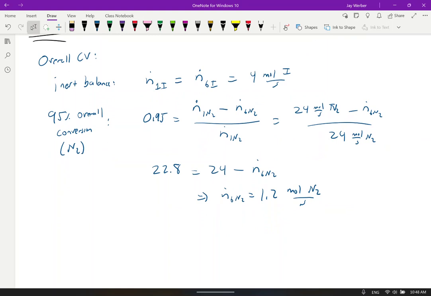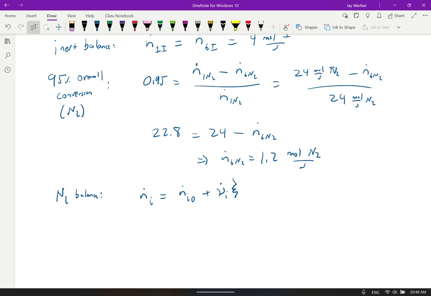So that is our second thing. Our extent of reaction. Let's do our nitrogen balance again. For extent of reaction, for species I, it's going to be what's coming in plus the stoichiometric ratio times the extent of reaction, right?